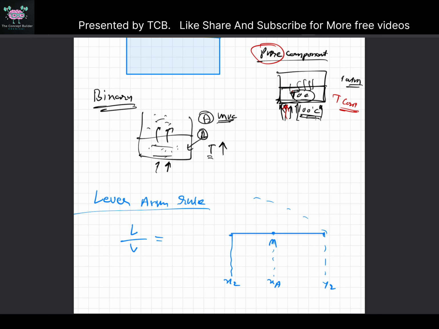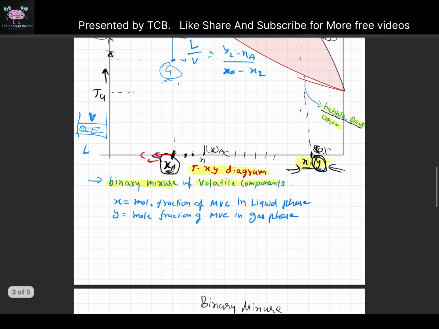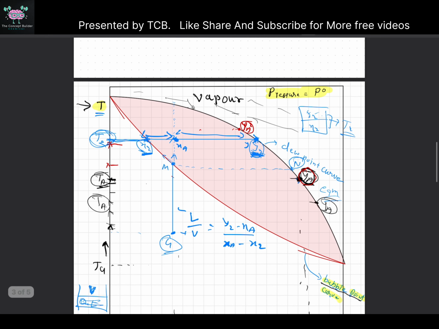So the L by V, L is basically the length of this segment, which is Y2 minus XA, divided by V, which is XA minus X2.